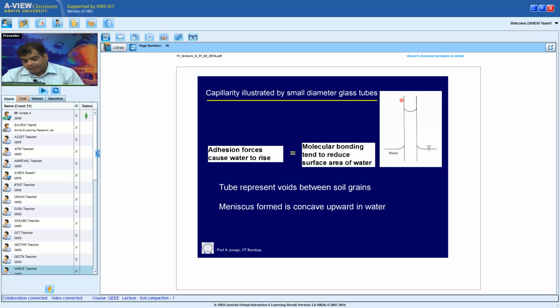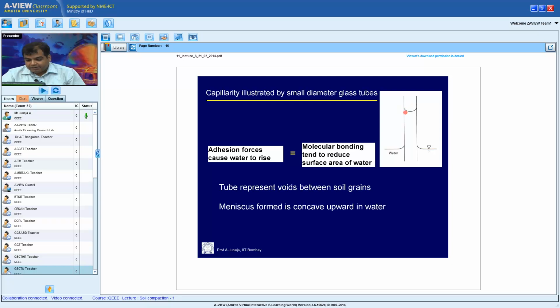If the diameter of the tube is equivalent to the voids in the soil, I am aware, because of this capillary tube phenomenon, the adhesion force causes water to rise. This is our elementary physics. It balances the molecular bonding between the water, which helps to reduce the surface area. In case of water, because of reduction in surface area, I think it's concave, bending down.